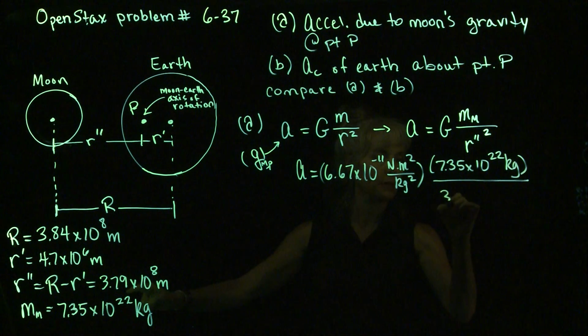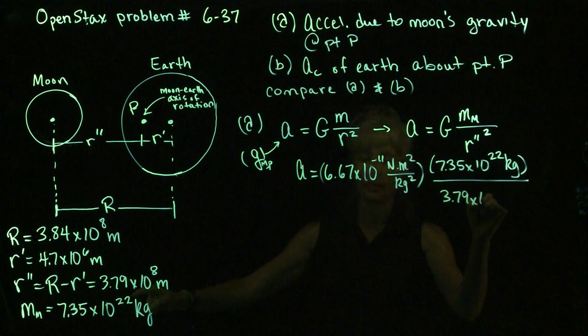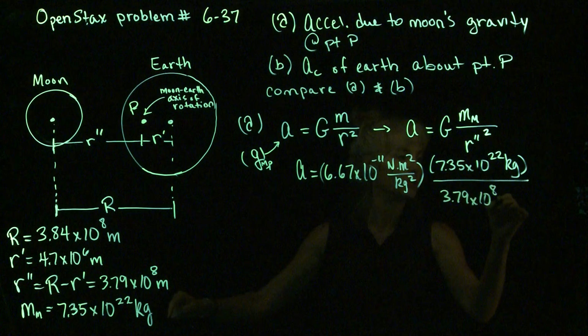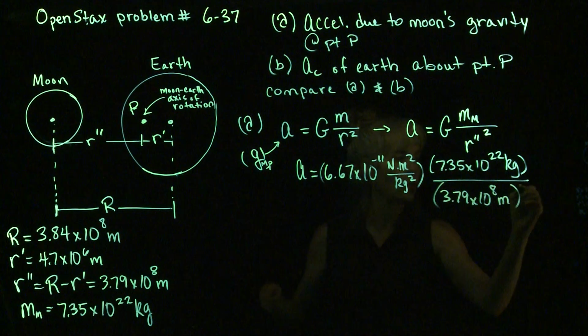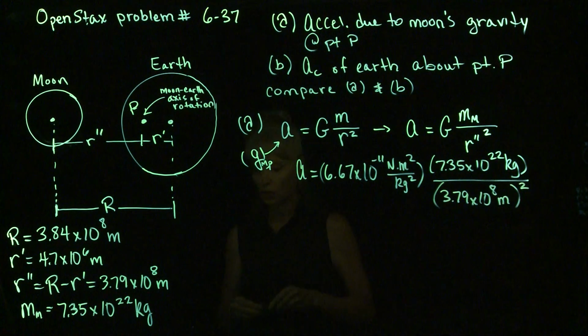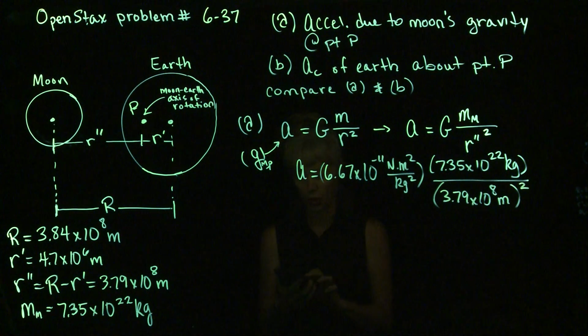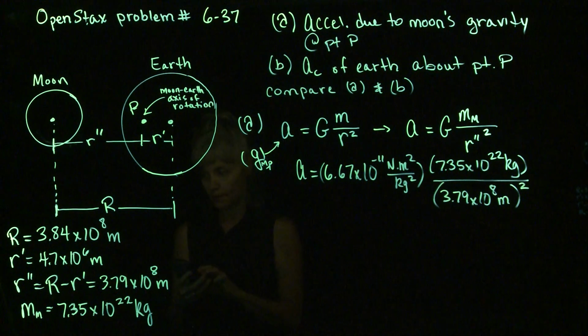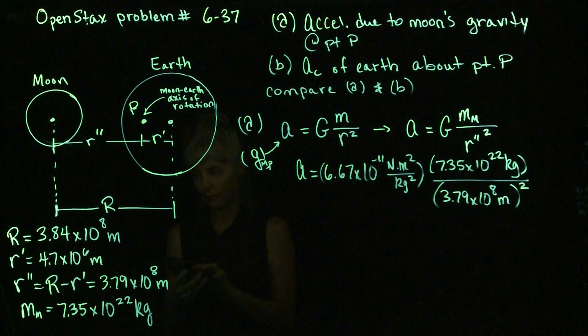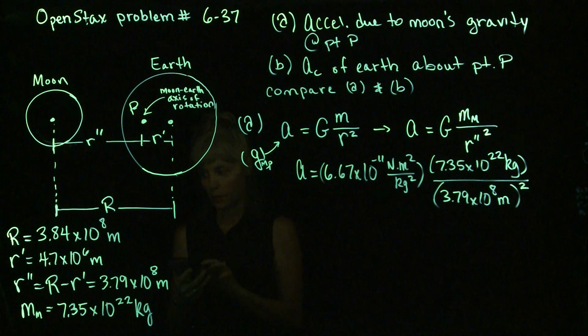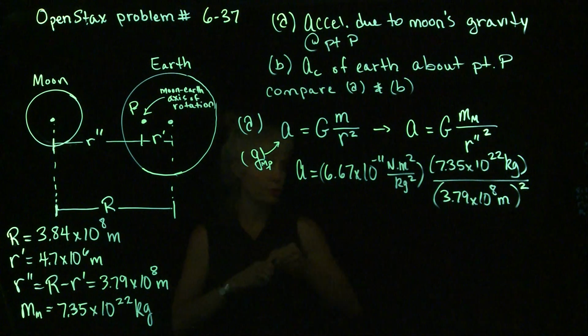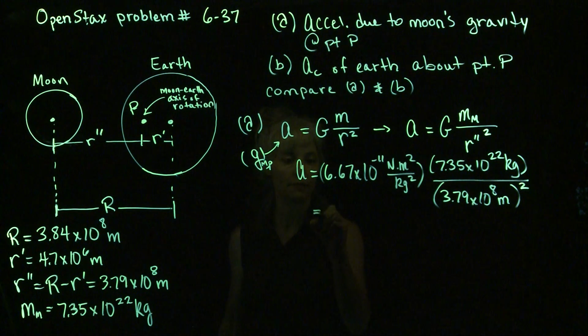R double prime is 3.79 times 10 to the 8th meters. Put parentheses around that whole thing and square it. So now, grabbing your calculator and plugging in these values, you come up with 3.42 times 10 to the minus 5.